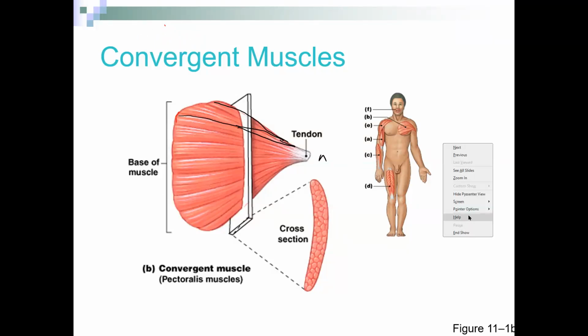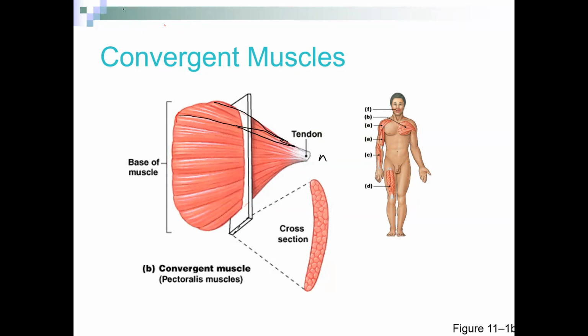Right. I was trying to explain again the setup of the convergent muscle from last time, just to make sure we're all on the same page. The idea of the convergent muscle is that, first of all, I mentioned that muscles, in order to cause movement to occur, have to be attached to two separate bones. One bone that moves and one bone that does not move.